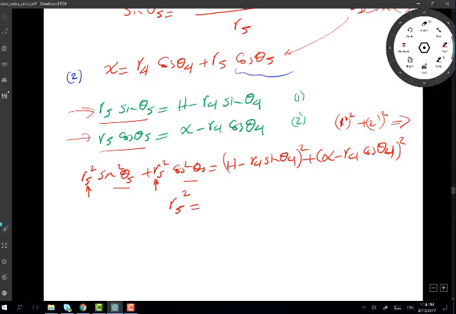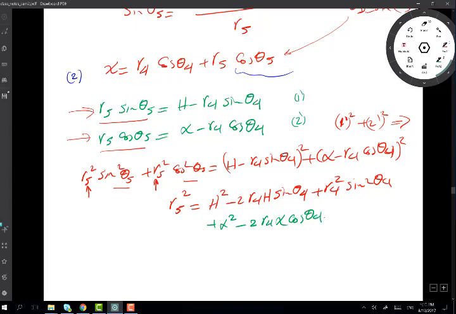Now expand the other side. I have h squared, I have minus 2 R4 h sine theta 4, and I have R4 squared sine squared theta 4, and also I have x squared, I have minus 2 R4 x cosine theta 4, and I have R4 squared cosine squared theta 4.